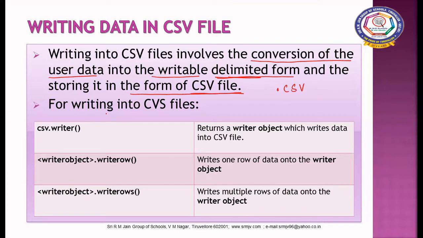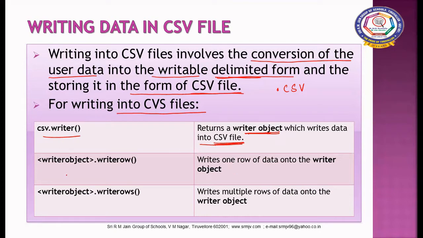Here are some of the functions used with CSV files. csv.writer returns a writer object and writes data into the file. To write data into your CSV file, a writer object is needed, which connects with the CSV file to write the data.